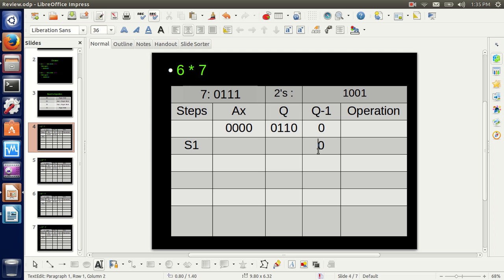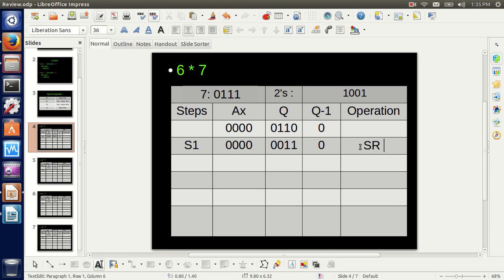I'll have 0, and here I'm going to shift this. I'm going to have 1, 0, 0, 1, 1, and this is going to be 0, 0, 0, 0. This is the first step. Why? Because I had a shift right because of 0, 0.